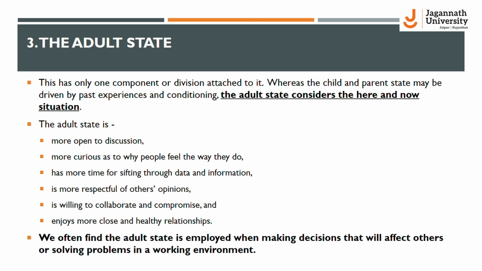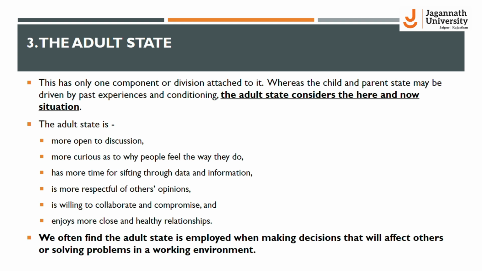So we have seen that in the child state and the parent state, how we were brought up, what kind of reinforcers were given to us had a major impact on those ego states. But the adult state considers the here and now situations, which means the individual with a dominant adult state lives in the present.